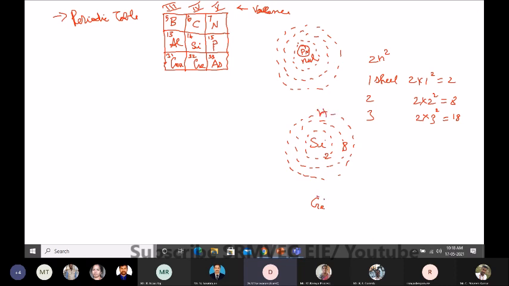Similarly in germanium, the first shell will have 2, the next will have 8, and the next will have 18. So how much is remaining? Yes, the last 4. You can see the outermost has 4. Then only it is called group 4.